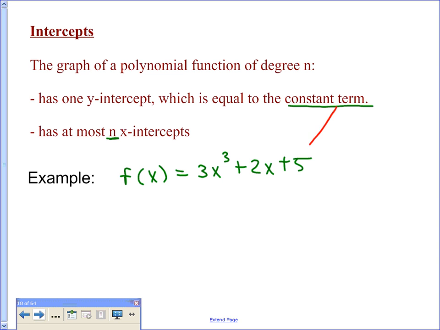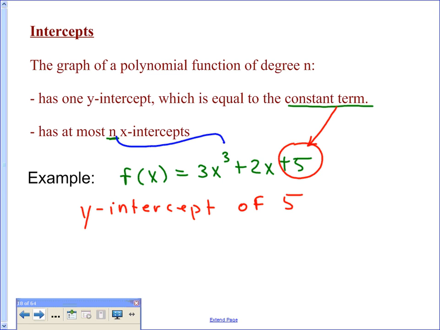My constant term is this guy here. All right, so that is my y-intercept. So it's going to have a y-intercept of 5. And in addition to that, we are going to know that it has at most n x-intercepts. So that is going to be the degree of the polynomial.